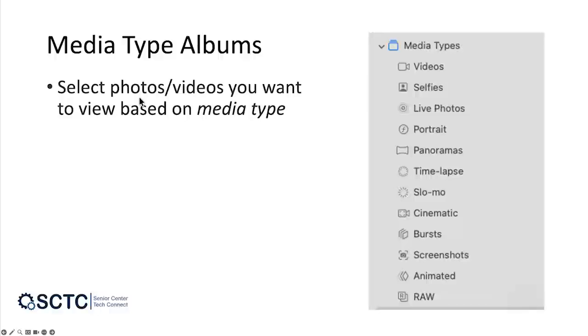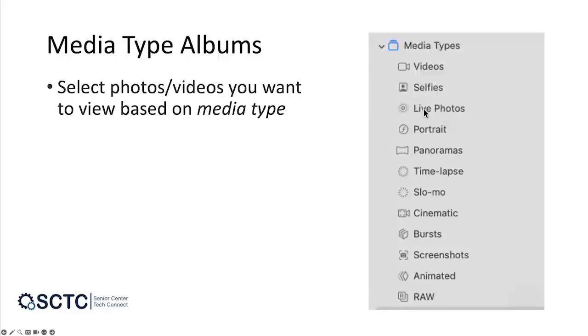All right. So you can select videos and photos based on the media type. And you see here, this is called a disclosure triangle. What we do is we click on that and we can see all the different kinds of photos that are in my library. If you're familiar with live photos, your iPhone takes live photos by default, and they're like little 2-second videos.